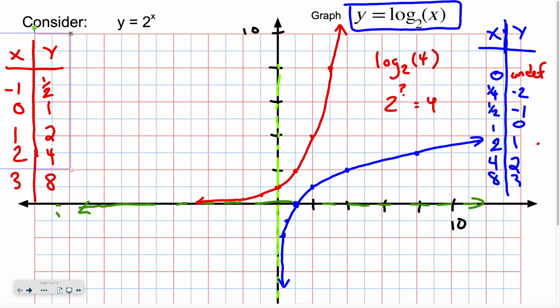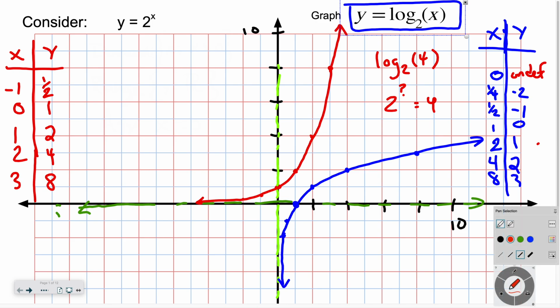So what you're noticing without direct instruction is that the graph of y equals 2 to the x is the inverse function of the logarithmic graph that we have. And we'll learn about inverses later, not right now, and that's not really what you need to worry about. I'm just drawing some connections for you.